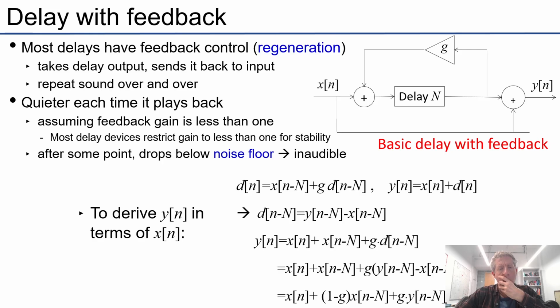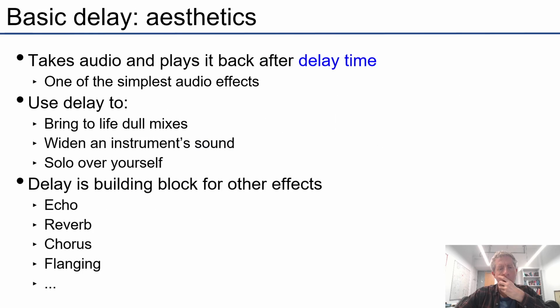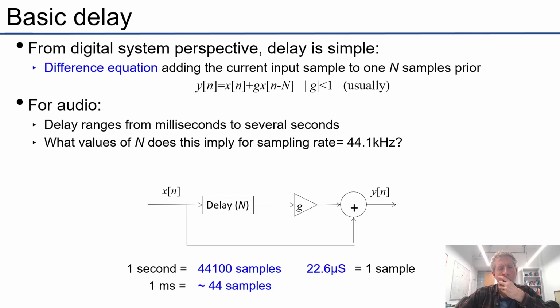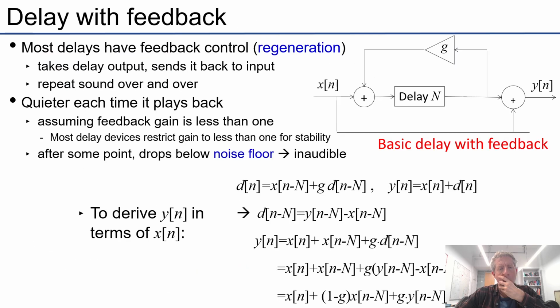It's a bit different from the situation above, where there's a gain only on a feedforward path. Here we have a gain being fed back. For this sort of system, the output is at first x of n, and then at another time x of n plus some delayed and attenuated, based on G, form of the original signal.